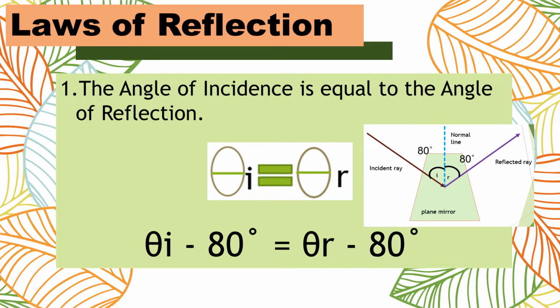Another example, if the angle of incidence is 10 degrees, what would be the angle of reflection? Yes, very good. It is also 10 degrees. Another example, if the angle of reflection is 50 degrees, what is the angle of incidence? Correct. Also 50 degrees.